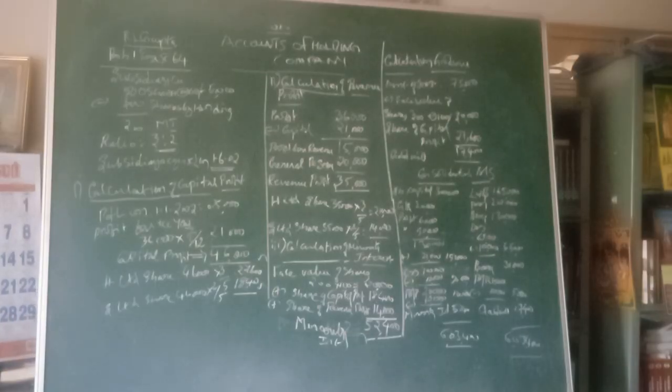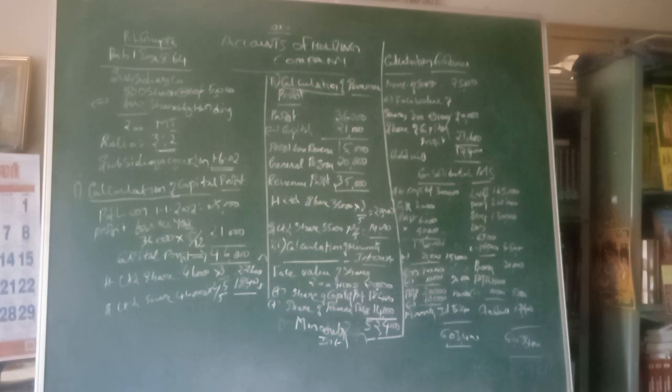Then another one is the calculation of goodwill, or cost of control. The amount of investment for acquiring the subsidiary company comes to 75,000. This is given in the balance sheet under investments of H Limited.